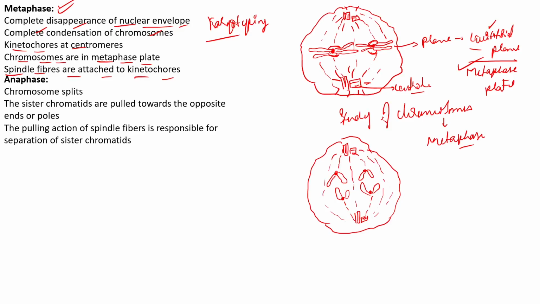Now the sister chromatids, the chromosome, will actually split, and they are pulled towards the opposite ends. One part will move to this end and the other part of the chromosome is moving to the opposite end. So you can see that the chromosome actually splits. Now what is mainly responsible for the splitting of the chromosome?